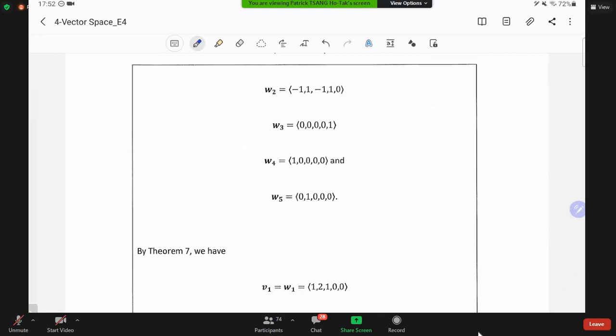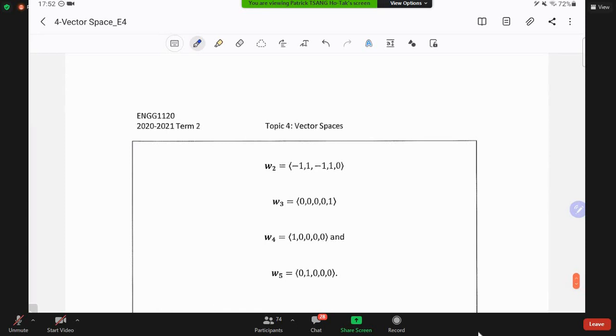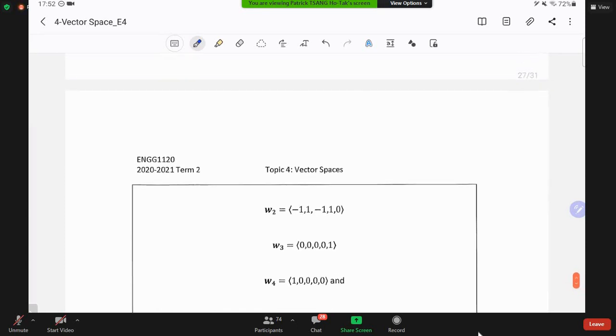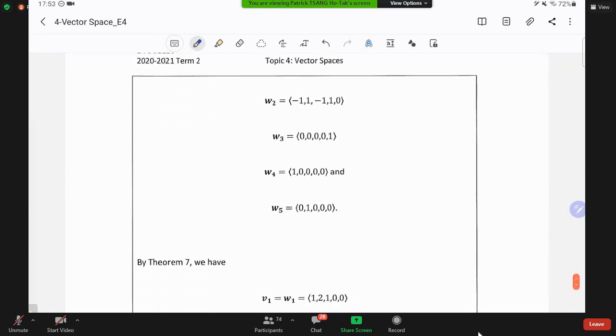But before applying Theorem 7, I would like you to spend some time to observe something. Based on W1, W2, and W3, can you have a look first?